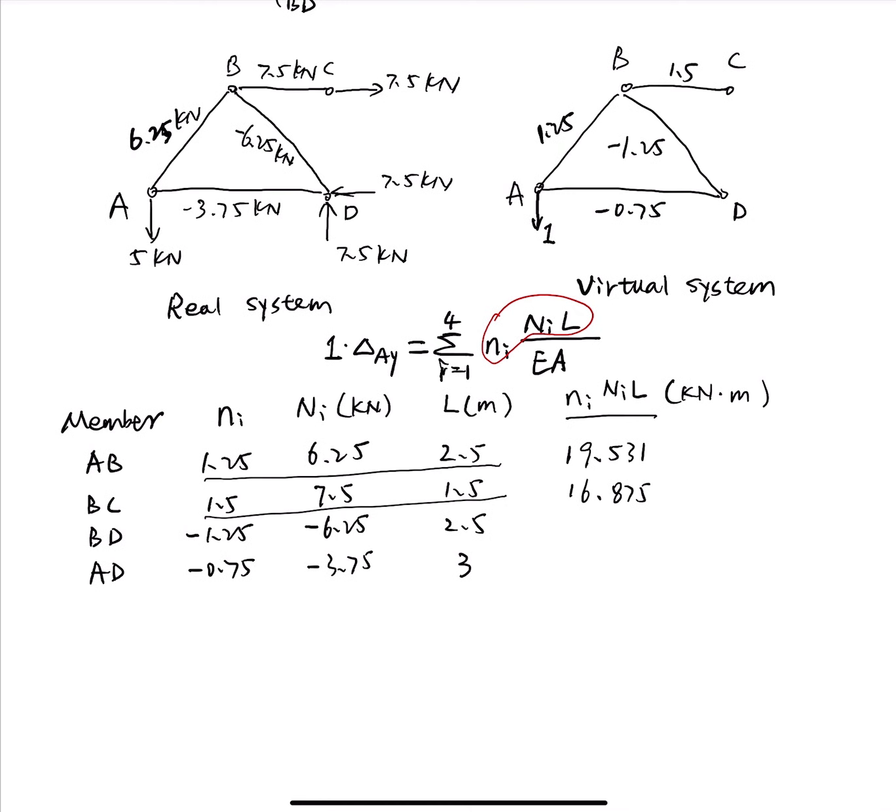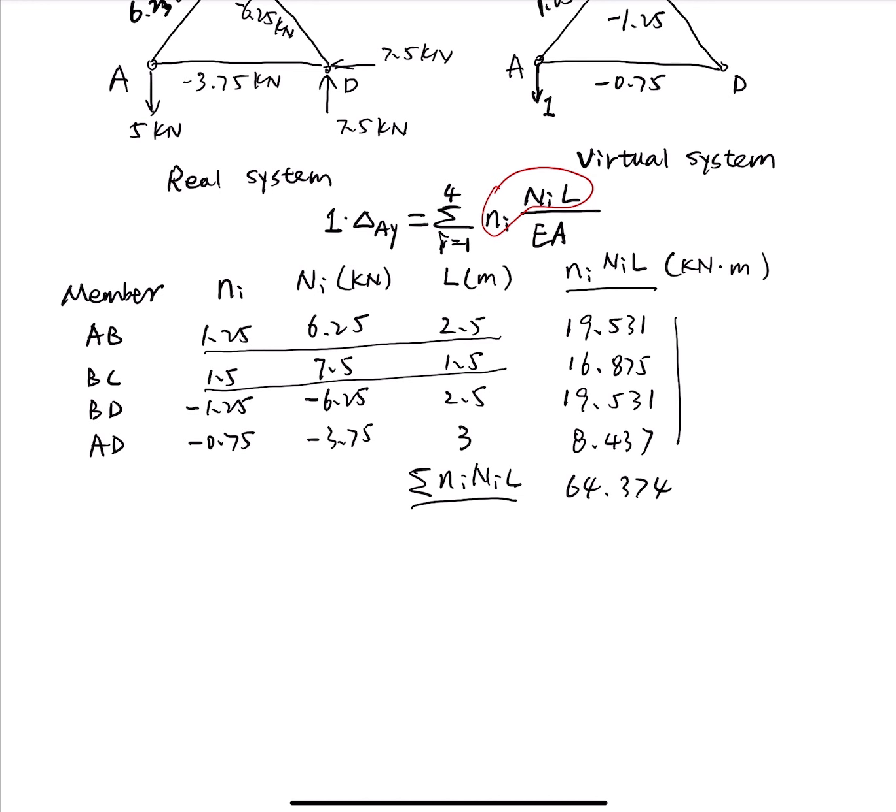Here is the last one. So we got the summation of small n_i, capital N_i, L over these 4 members, which will be 64.7374.